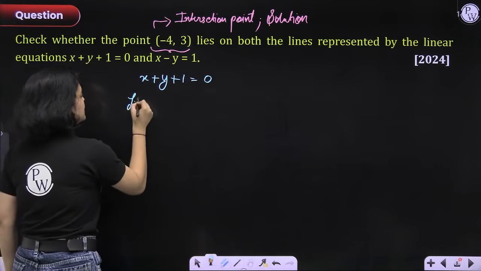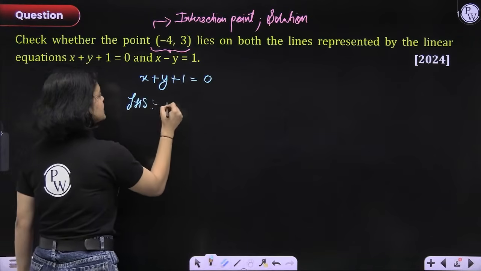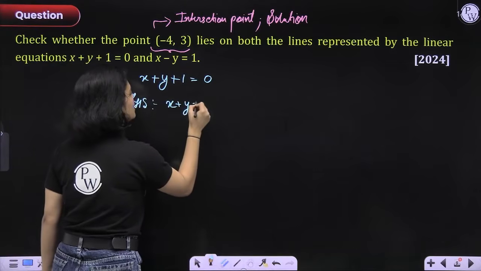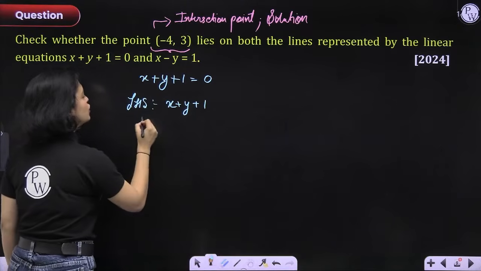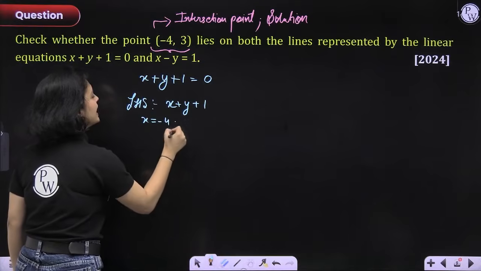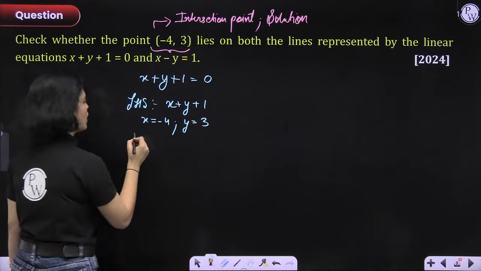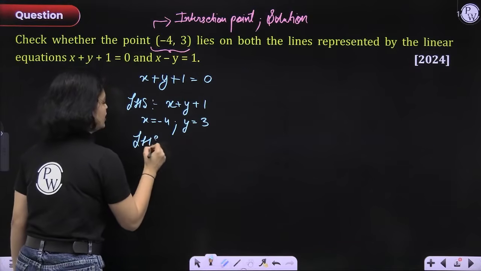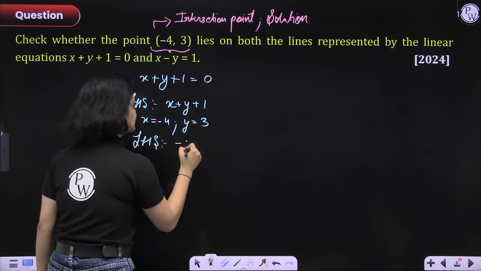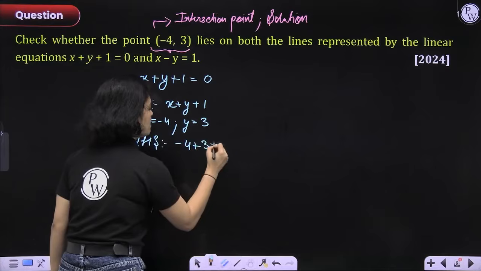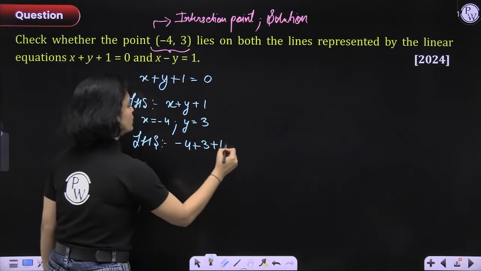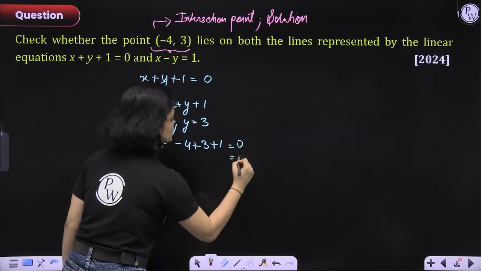So what is the LHS, everyone? Here LHS is x plus y plus 1. Now in place of x we are going to put negative 4, in place of y we are going to put 3, and we are going to check what LHS is coming out to be. So we'll get negative 4 plus 3 plus 1, which comes out to be 0, which is equal to RHS.